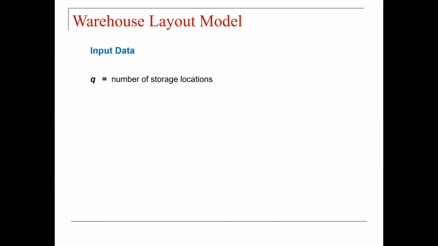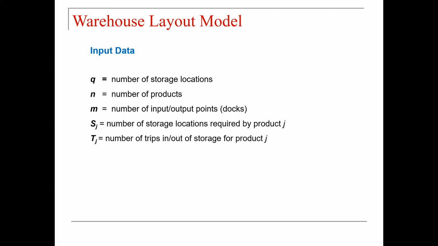Sj is the number of storage locations required by product j. Tj is the number of trips in or out of the storage for product j. Pi is the percentage of travel in or out of storage to or from point i.